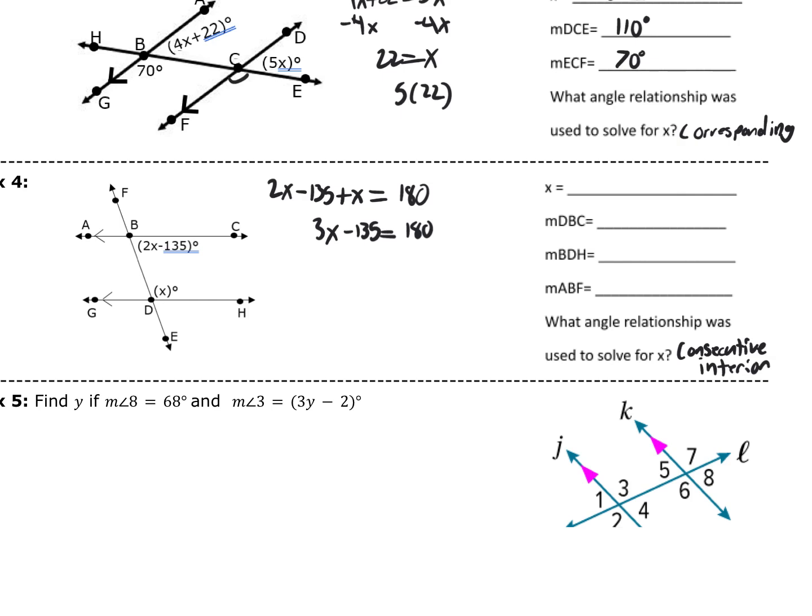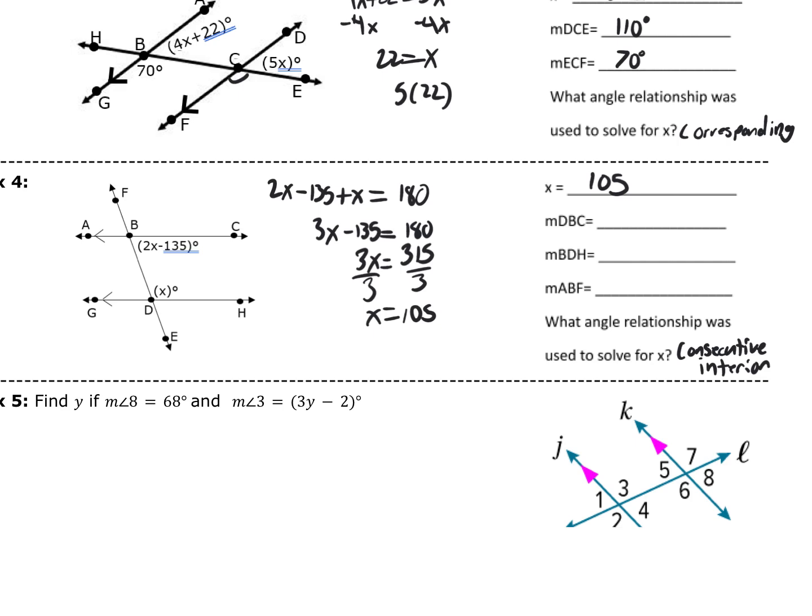So I get 180 plus 135, get 315. And so 3x equals 315, then just divide both sides by 3. And I get 105 is our x. Now the measure of angle DBC is that 2x minus 135.